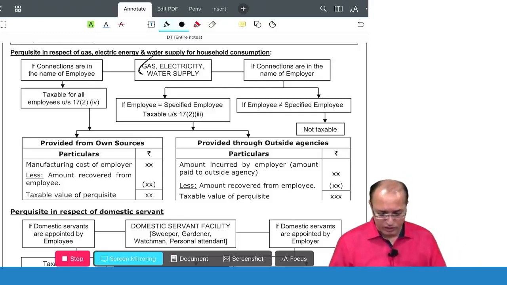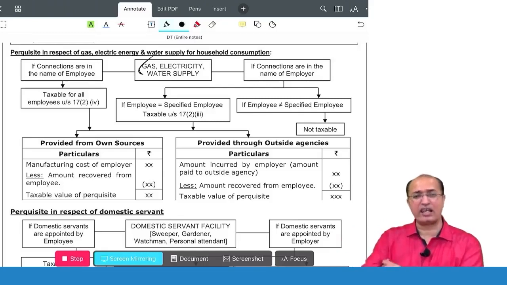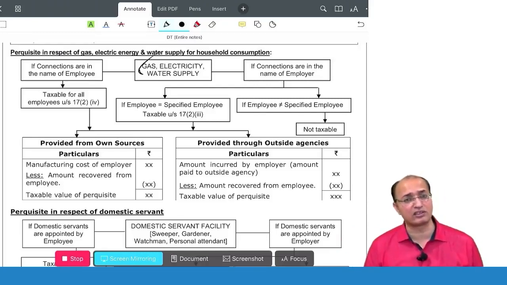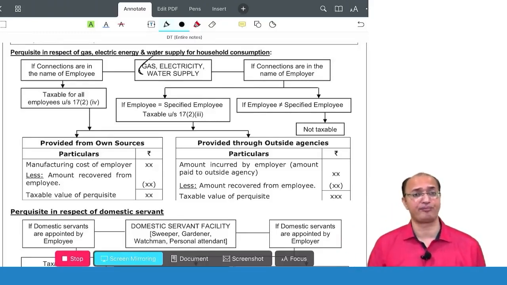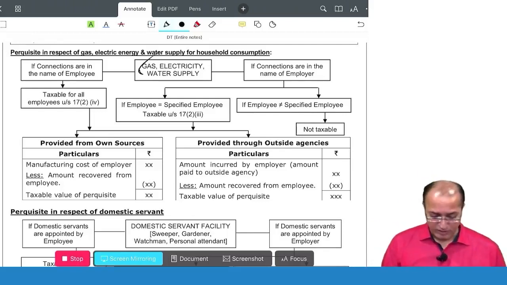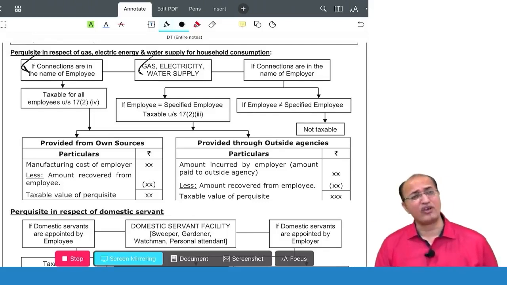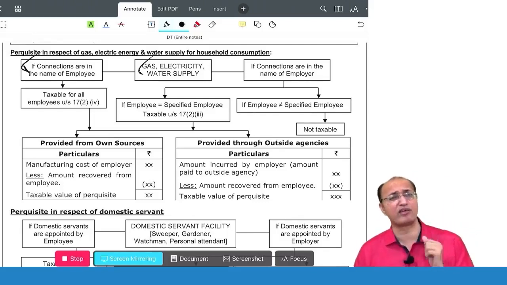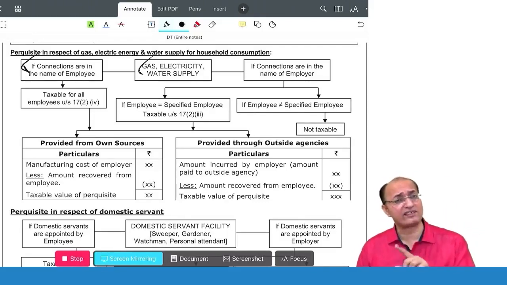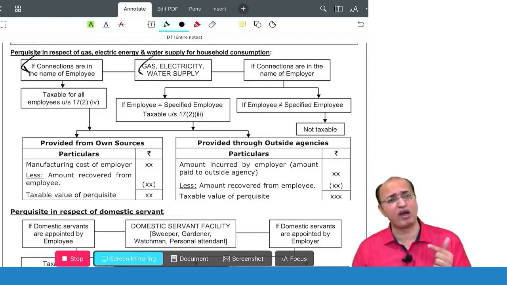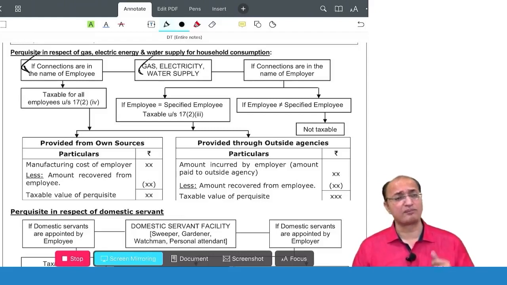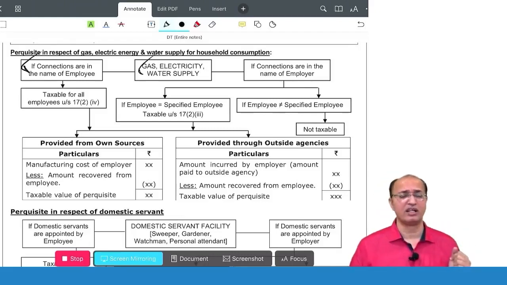First of all, you have to think about whose name these gas, electricity and water supply connections are in. Possibility 1: these connections are in the name of the employee, when the employee is residing in his own house. So the employee would receive the gas, electricity and water bills every month.